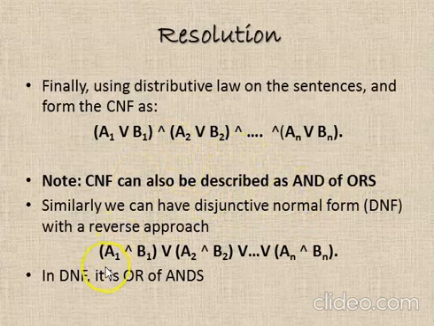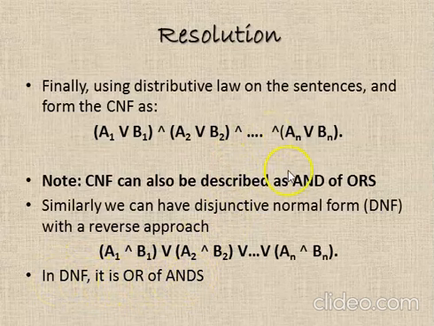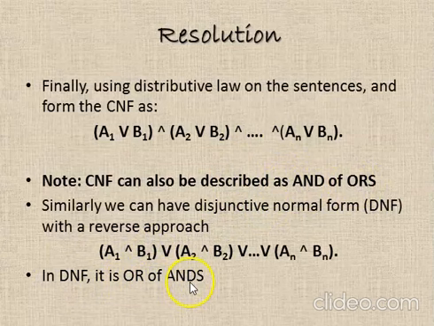There we will be getting A1 and B1 or A2 and B2. All these ORs will be replaced with ANDs and all these ANDs will be replaced with ORs. So in DNF it is OR of ANDs. Here it was AND of ORs. Here it will be OR of ANDs.